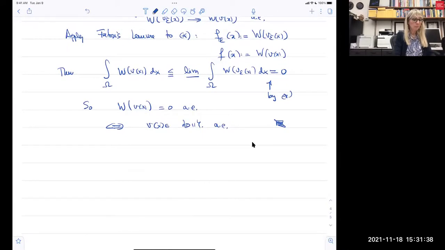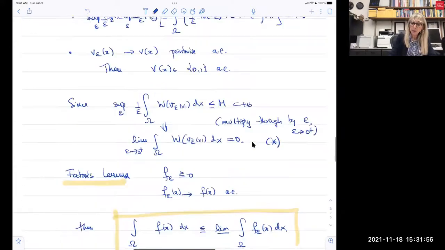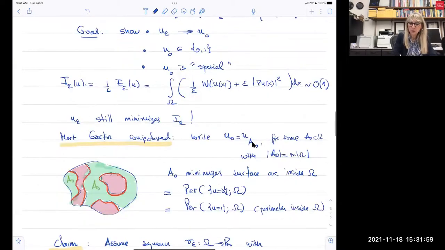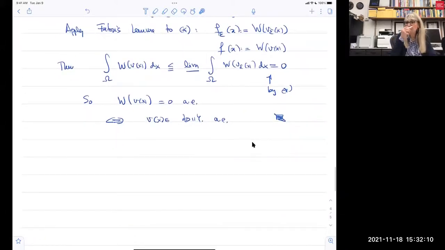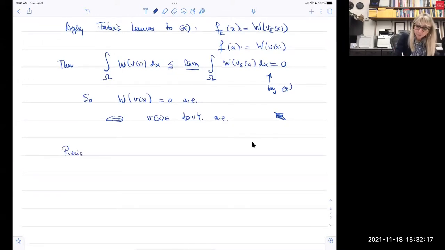Okay. Right. So spoilers alert, I'm going to tell you already what's going to happen. If your original sequence was actually a sequence of minimizers, my u epsilons, as I told you, you'll find a u naught which is special. What you prove is that u naught minimizes energy, but to be precise, u naught will minimize surface energy.